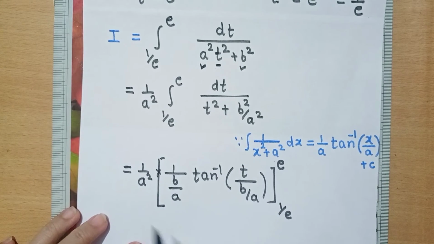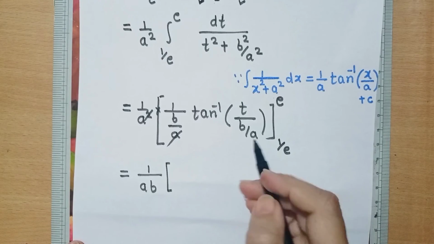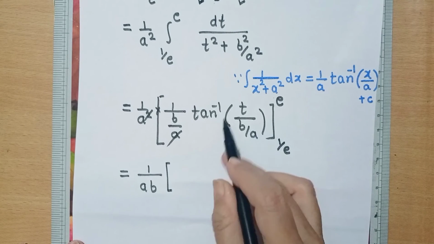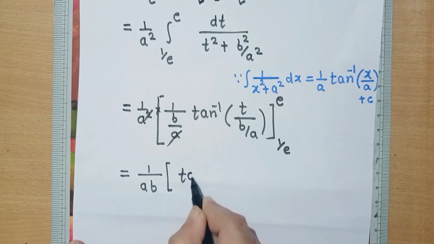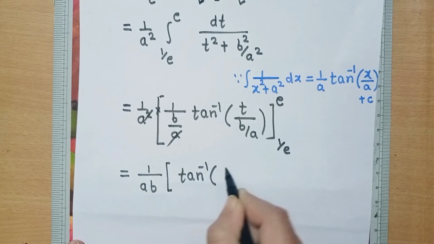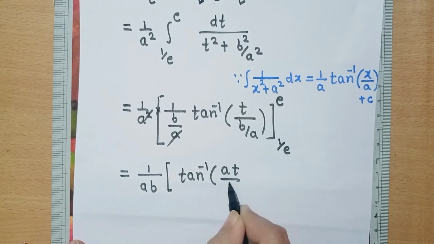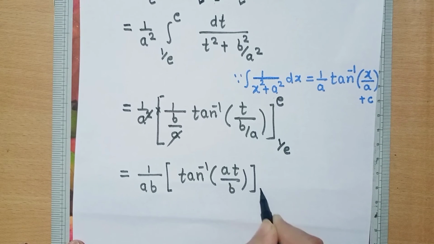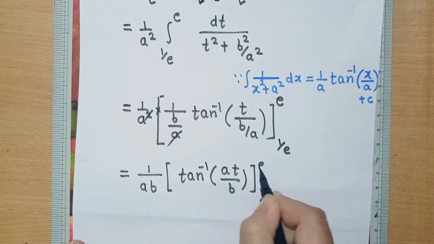And now 1 a gets cancelled, and we will take this constant outside, and here also we will move this a upside, so we have tan inverse of a t upon b, and these limits 1 upon e to e.